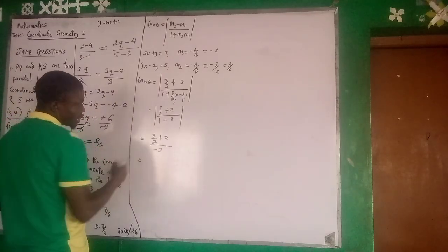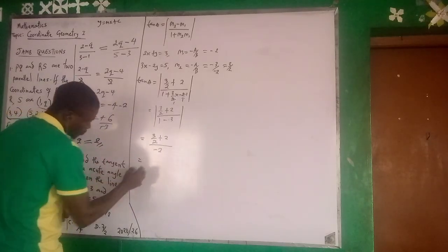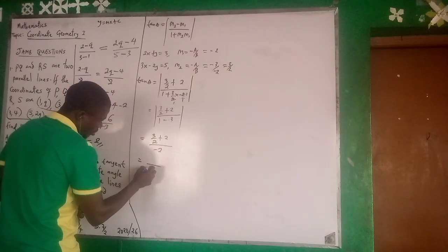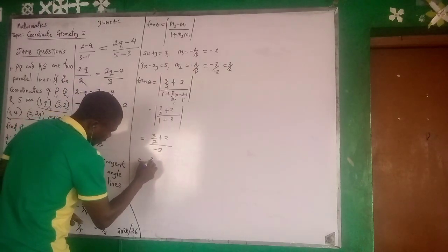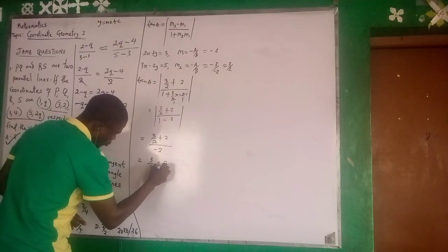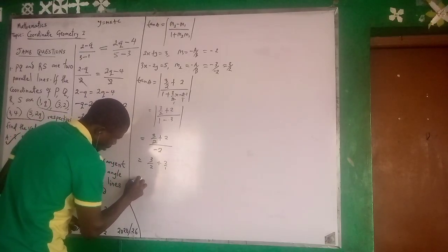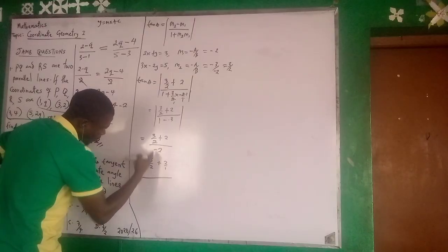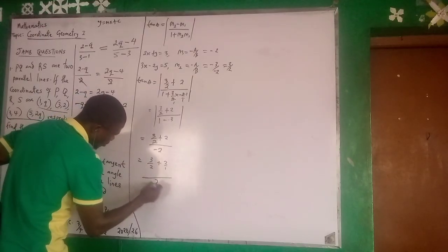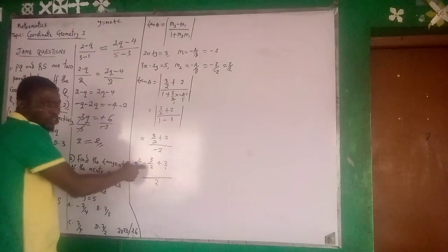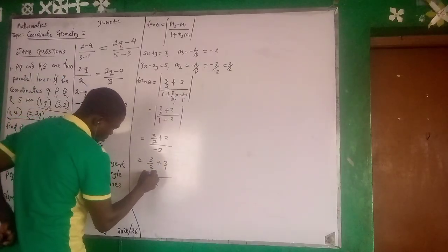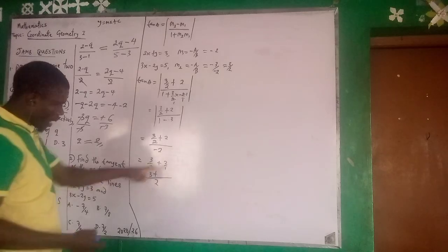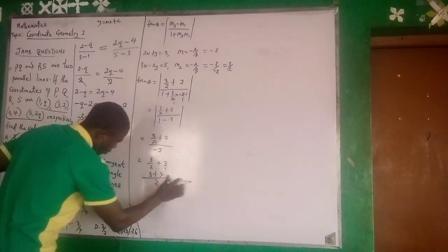Now, let me get the LCM for the numerator. 3 over 2 plus 2 over 1, right? The LCM is 2. 2 into 2 is 1, 1 times 3 is 3, plus 1 into 2 is 2, 2 times 2 is 4.